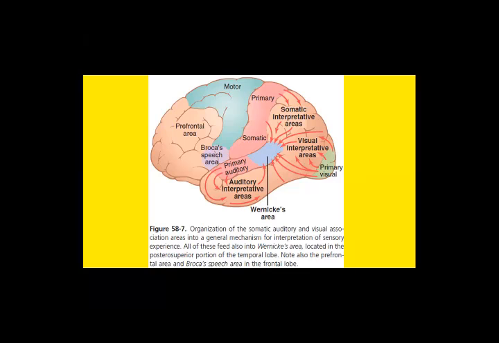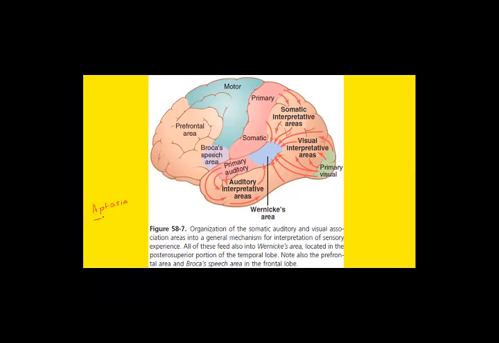Now we will discuss yet another important clinical condition known as aphasia. Aphasia, in simple words, means difficulty in speech, and we can spell it as A-P-H-A-S-I-A. Aphasia, difficulty in speech.